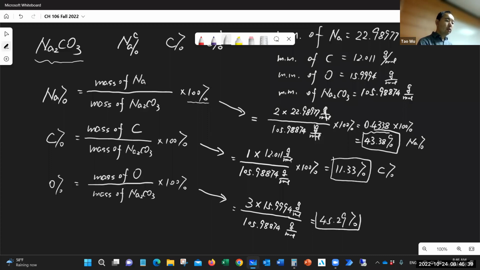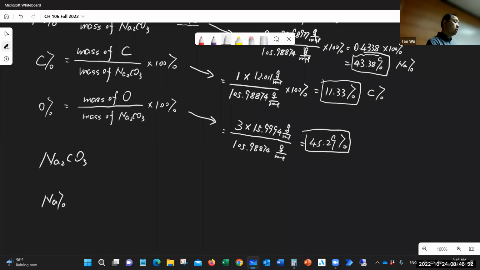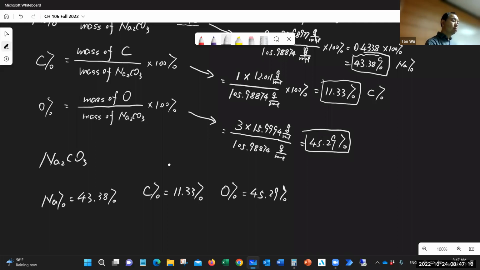So if we ask what is the percent composition for sodium carbonate, your answer is the sodium percent in this compound is 43.38%, the carbon percent is 11.33%, and the oxygen percent is 45.29%.